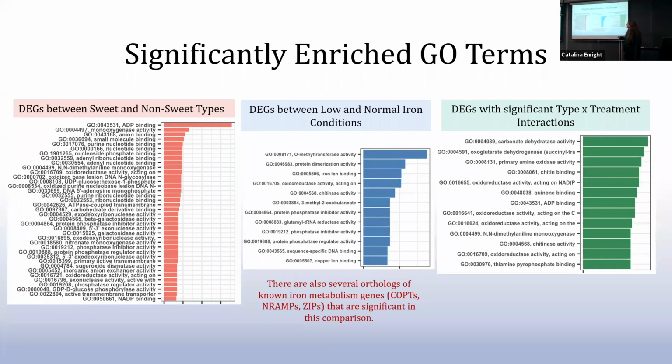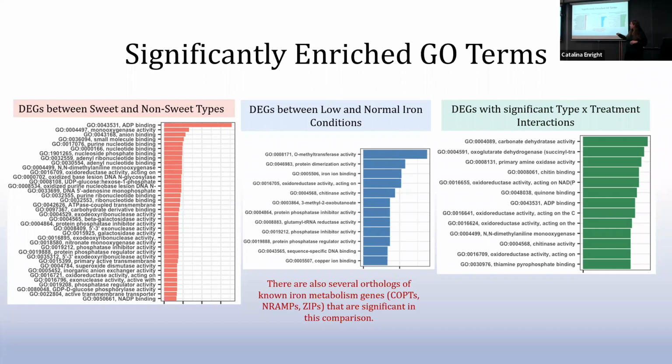The things that show up in your differences between types are maybe less obviously related to whether or not it's iron conditions. You see a lot of ADP binding, some carbonate dehydratase activity, and a lot of phosphatase activity.